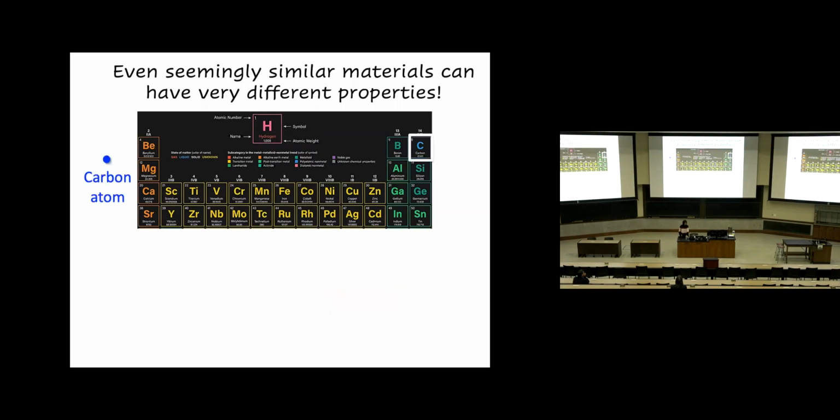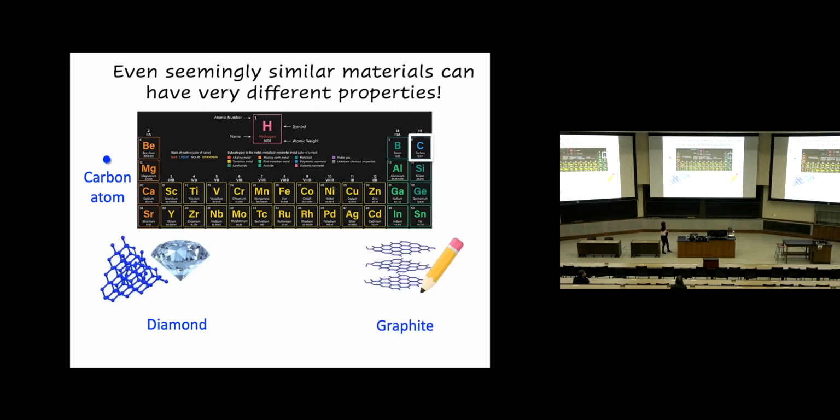Another example is that let's now stop switching atom types and focus on this carbon here. If I put my carbon atoms in this complicated three-dimensional structure, it becomes a diamond. But if I put it into these two-dimensional planes, it becomes graphite.